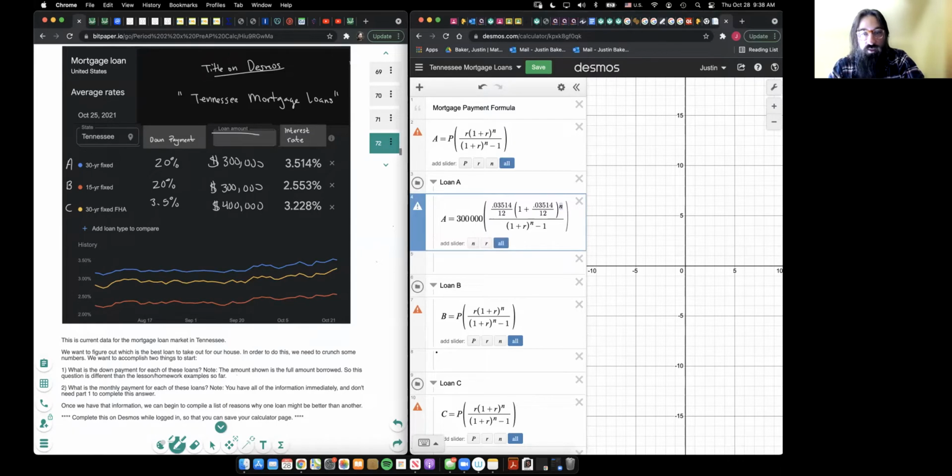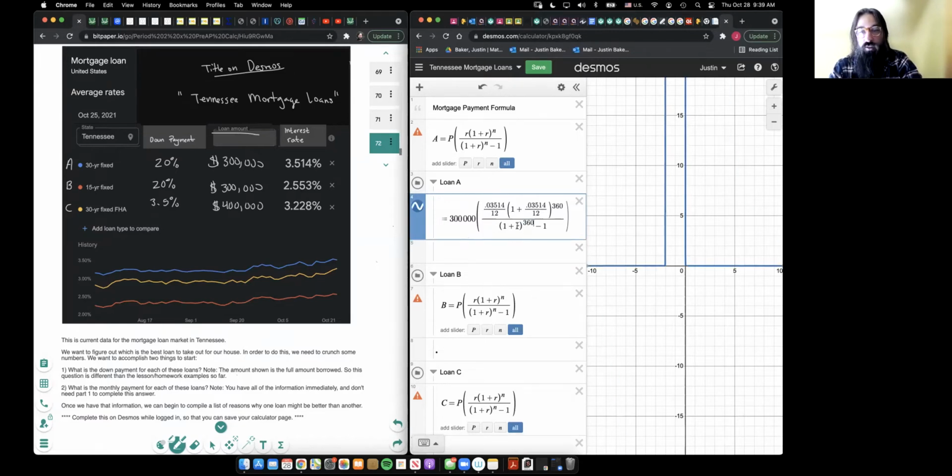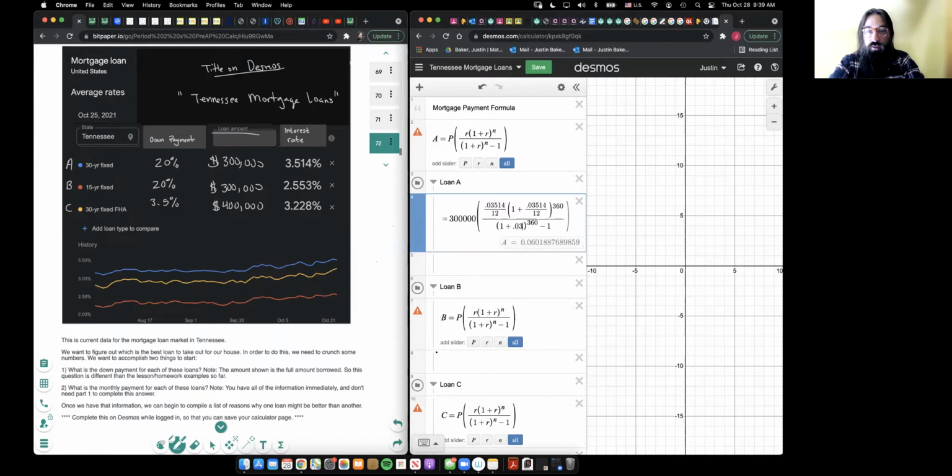How many years is this loan? Well, it tells us in the title of the loan it's a 30-year loan. So we're going to write 30 years times 12, and of course that gives us 360. And over here, that rate again.